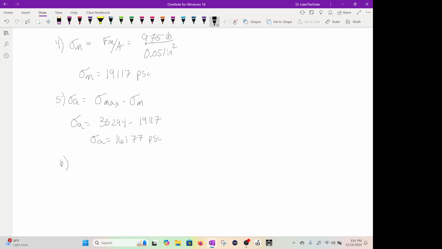And then sometimes we like to look at the ratio of sigma min to sigma max, and this is called the stress ratio, and this is 2941 psi over 35294 psi, and you get this stress ratio to be 0.083.